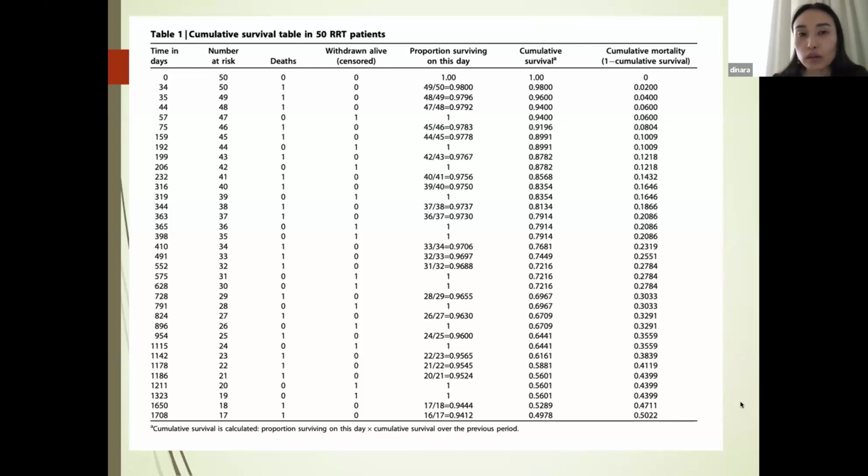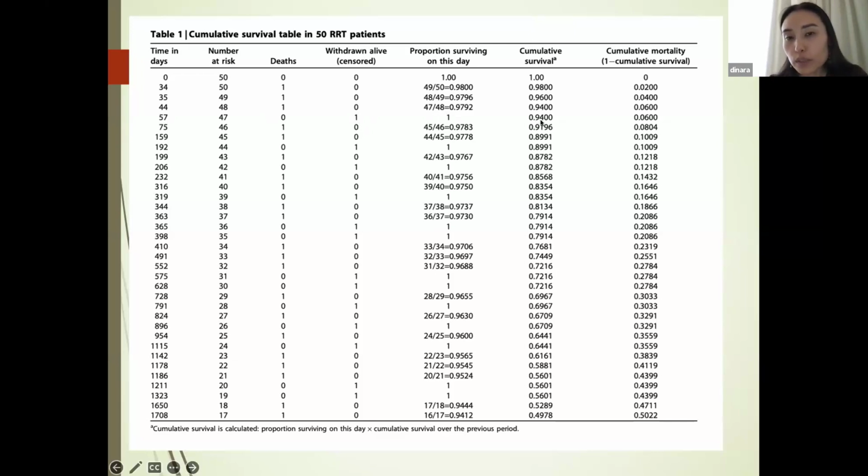And then when each death happens, you need to calculate the survival probability, the cumulative survivals, sorry. When censoring happens, for example, on day 57, one patient was lost to follow-up, so he was censored. It means that out of 47 patients, 47 were alive, so it will be 1.